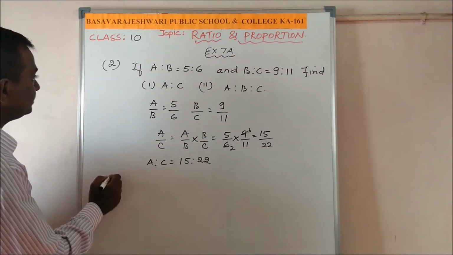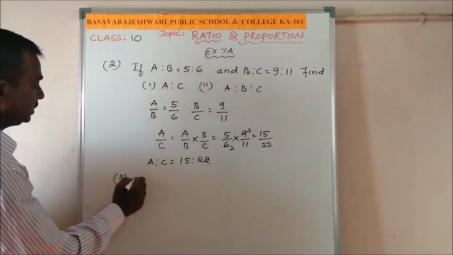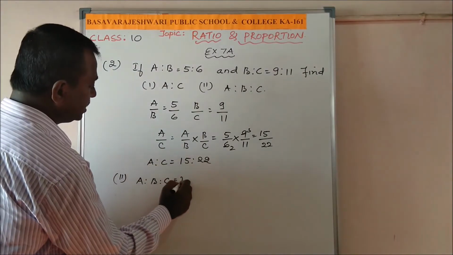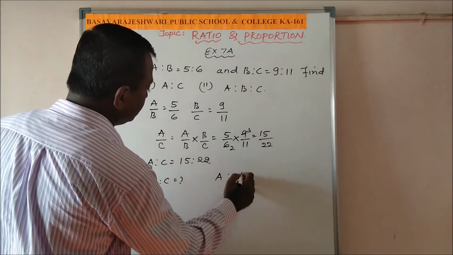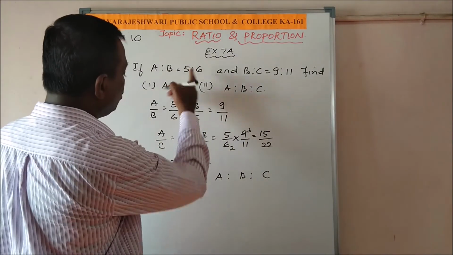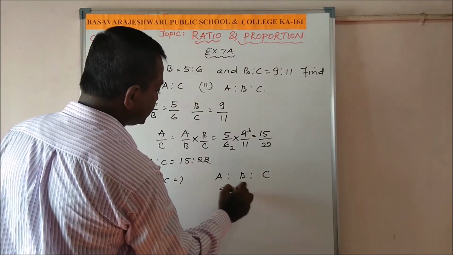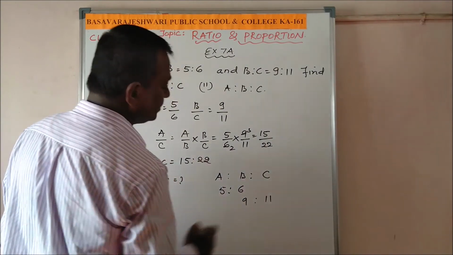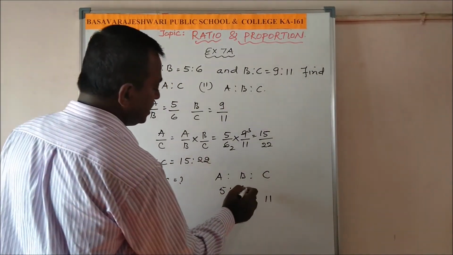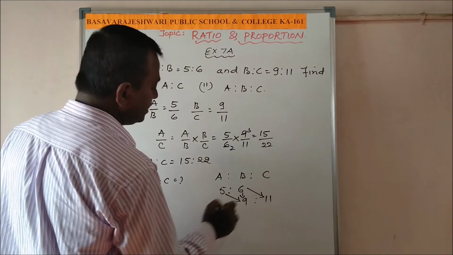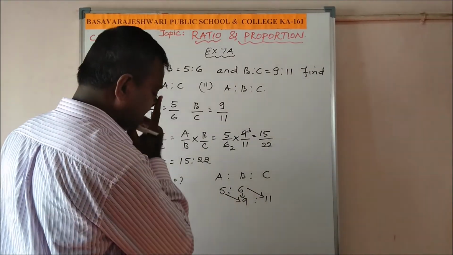Second question is, A is to B is to C. How much are they given? A is to B is 5 is to 6. B is to C is 9 is to 11. Correct? So what happens now?